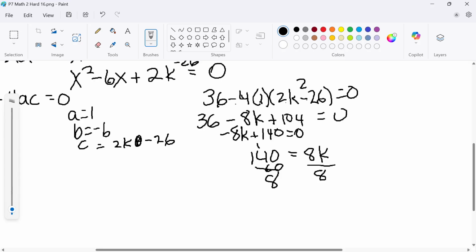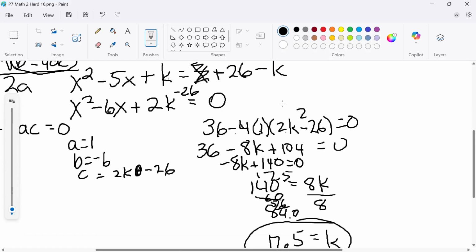So it's 60. 8 times 7 is 56. And that's 4.0. And 8 times 5 is 40. So 17.5 equals k. Same answer. You could have done that on Desmos. So either way, I get 17.5.